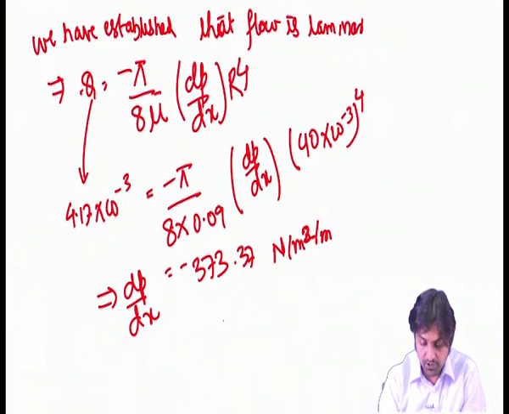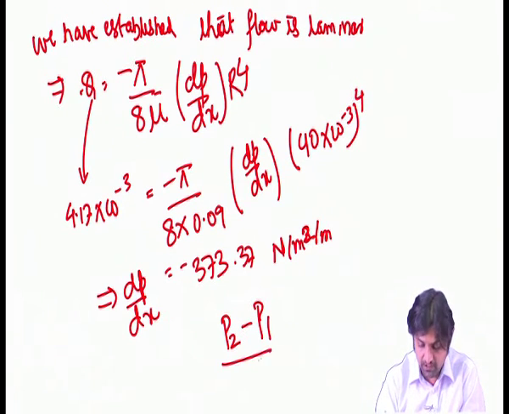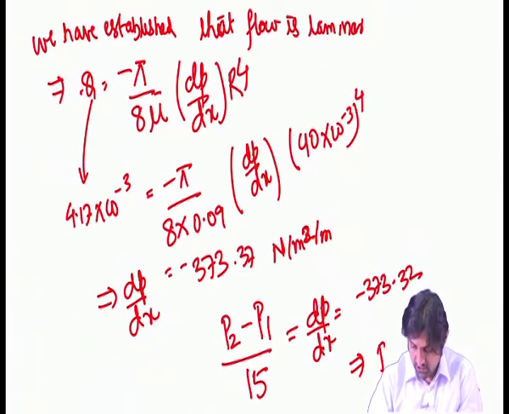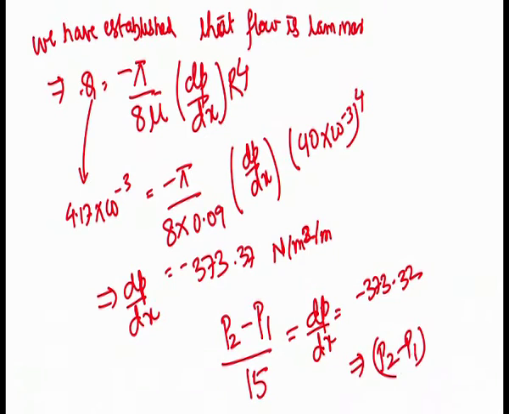If we assume pressure P2 at one end and P1 at the other and the length is 15 meters, this should be equal to dp dx, minus 373.32. This implies P2 minus P1, the pressure difference between both ends, is minus 5599 Newton per meter square.